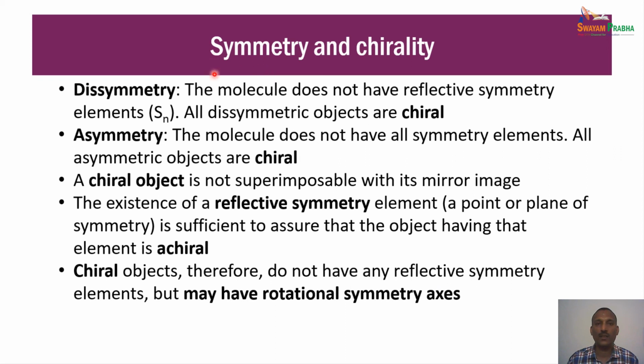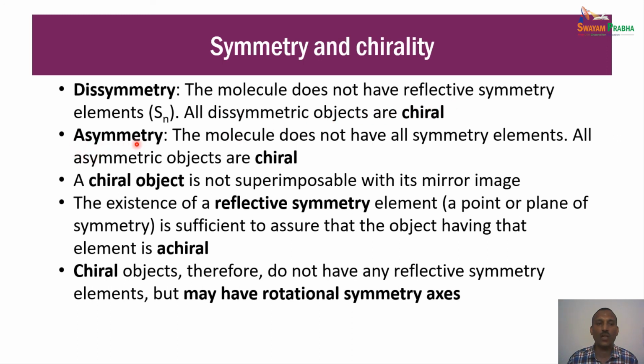And let us compare the relationship between symmetry and chirality. Basically, dissymmetry is when a molecule does not have a reflective symmetry element, that is the Sn axis. If the Sn symmetry element is absent in the molecule, then the molecule is said to be chiral. That means if a molecule does not have reflective symmetry elements, then all dissymmetric objects are called chiral compounds or chiral molecules.